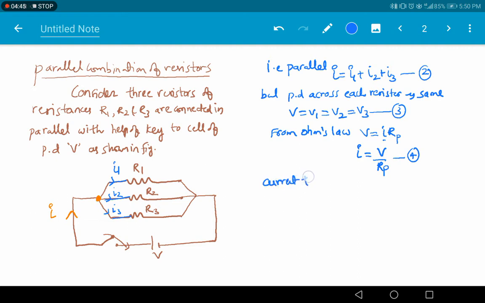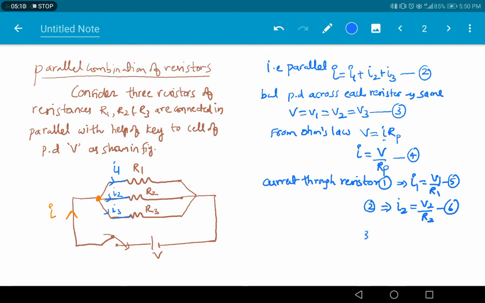Current through resistor 1: I1 equals V1 by R1. Resistor 2: I2 equals V2 by R2. Resistor 3: I3 equals V3 by R3. This is equation number 7. Note down this.